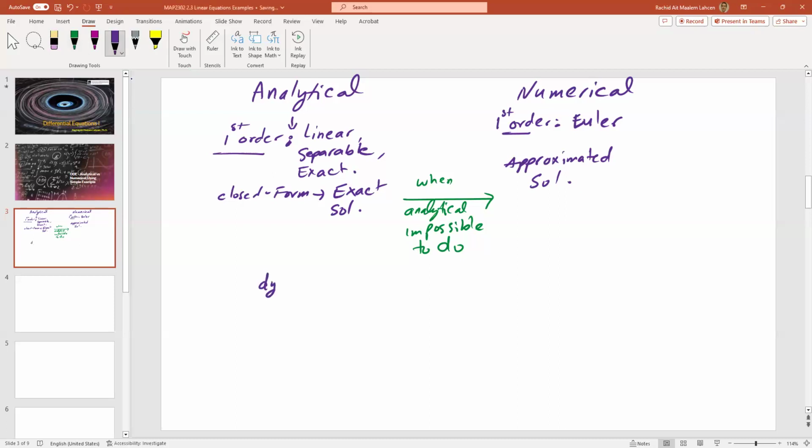And I'll use a simple example here. This first derivative equals y. So as you see, this is, of course, a differential equation. However, kind of like this, the right-hand side depends only on y.